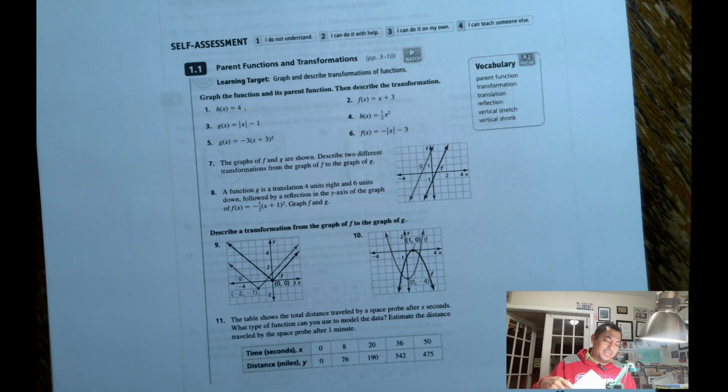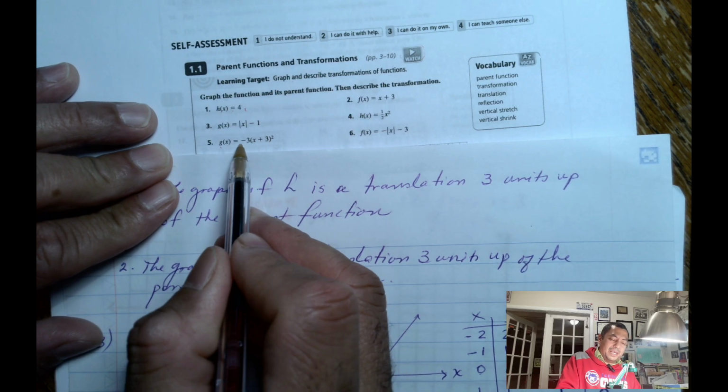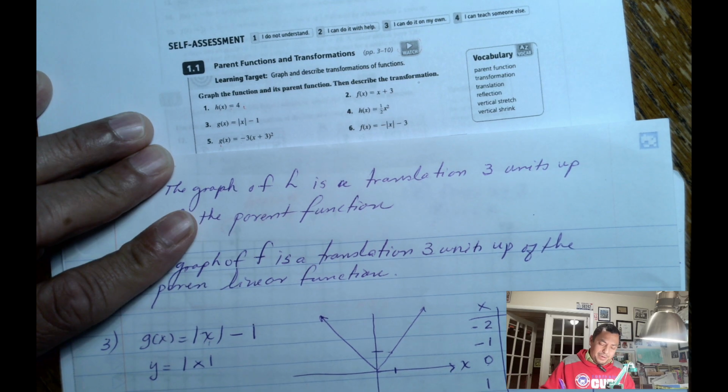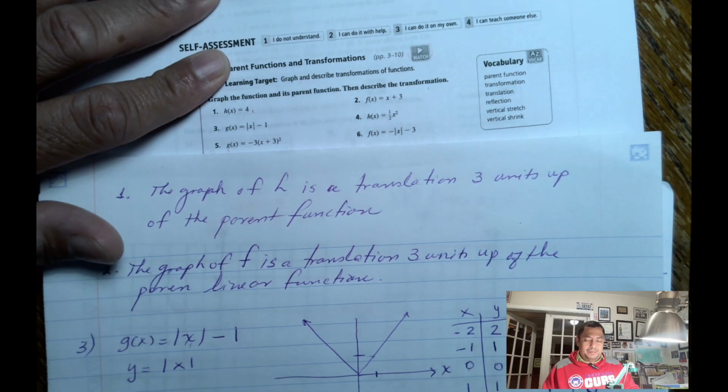Let's look at number 5. Where number 5 is, I have g(x) equals -3(x + 3) to the second power. Let me write it here. So I have number 5. I have g(x) equals -3(x + 3) squared.